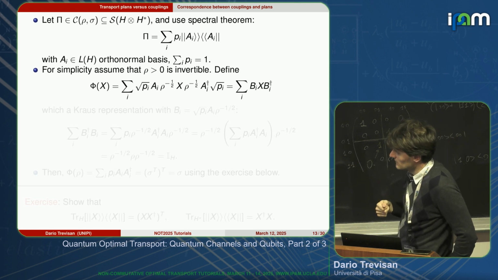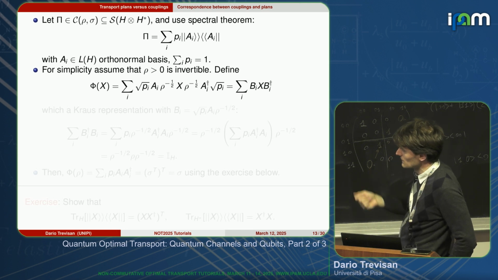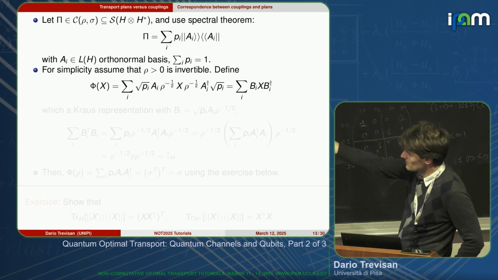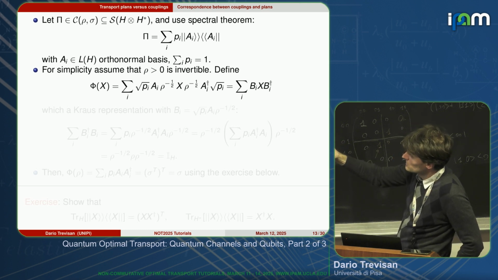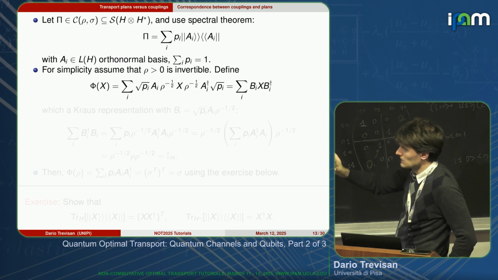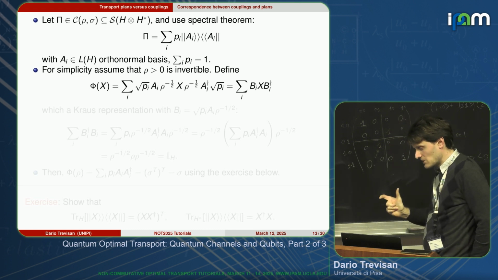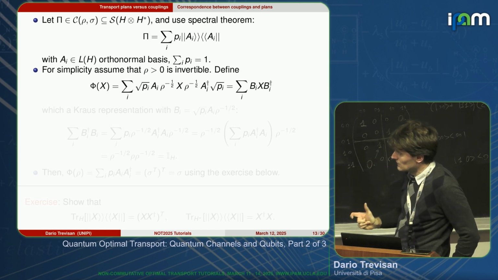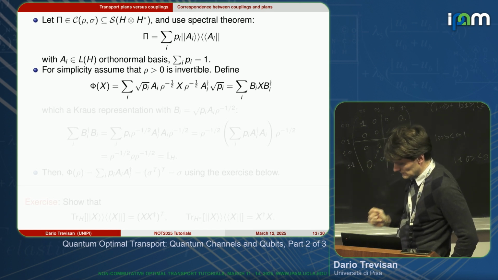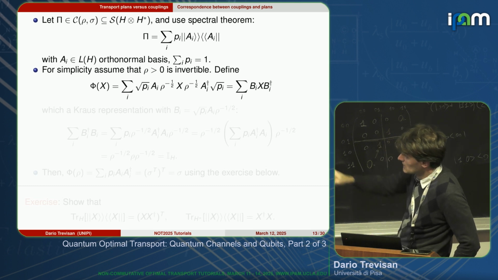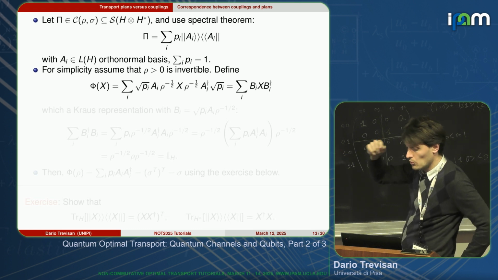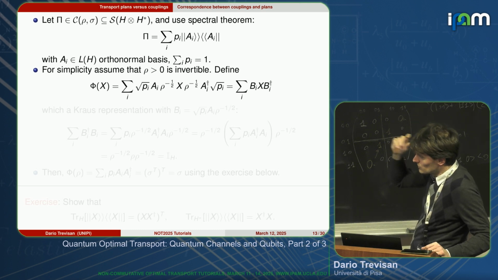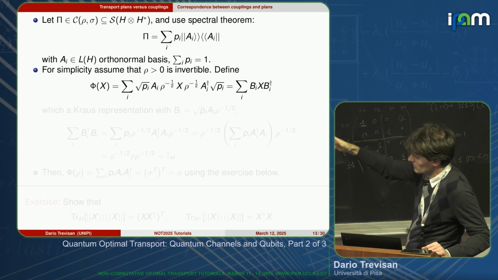You remember, quantum channels can be expressed, and a useful way to think in terms of quantum channels, at least to operate with them, is in terms of Kraus operators. Now, the point is that B_i is not really A_i, because what you need essentially is to make sure that you will send rho into sigma, right? This is our condition. So the actual B_i are defined in terms of A_i. You need to invert rho, you take rho to the power minus 1/2.